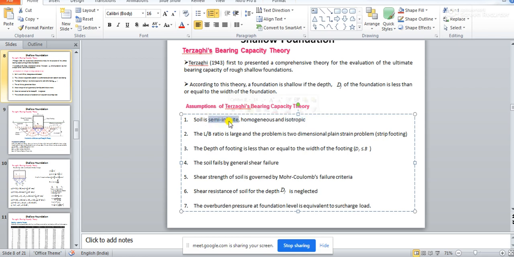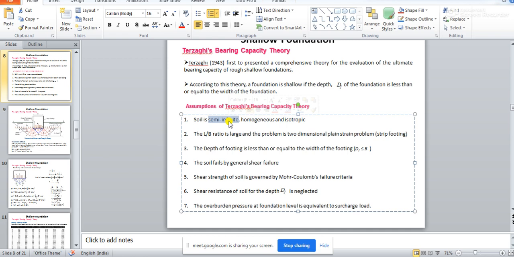So semi-infinite means it can extend to infinity in only one direction. It cannot extend in the other direction, because if you are analyzing soil on the earth surface, it does not extend beyond the earth surface, right?